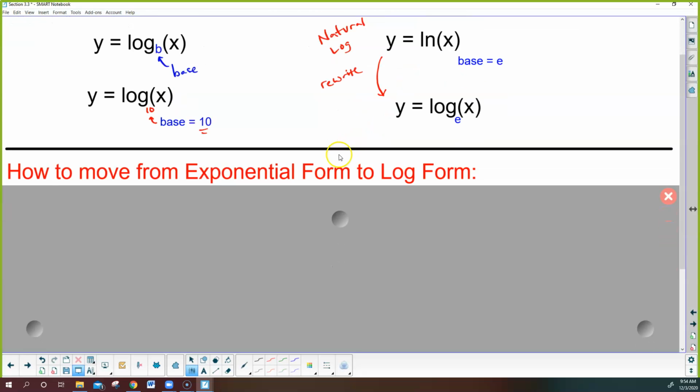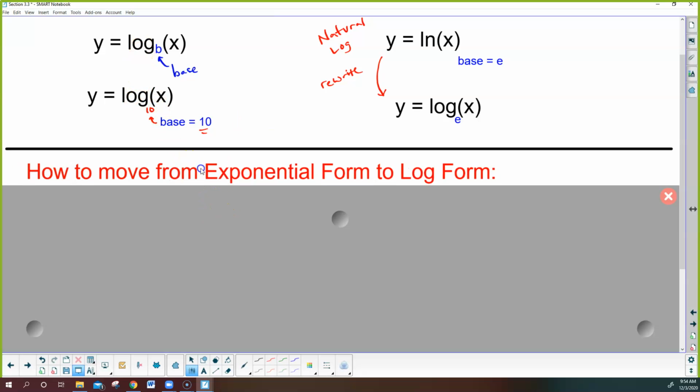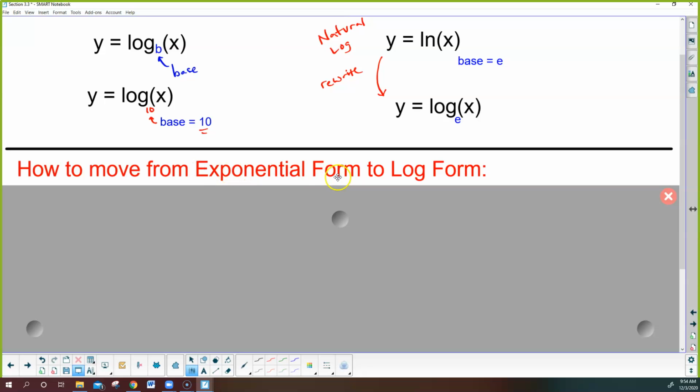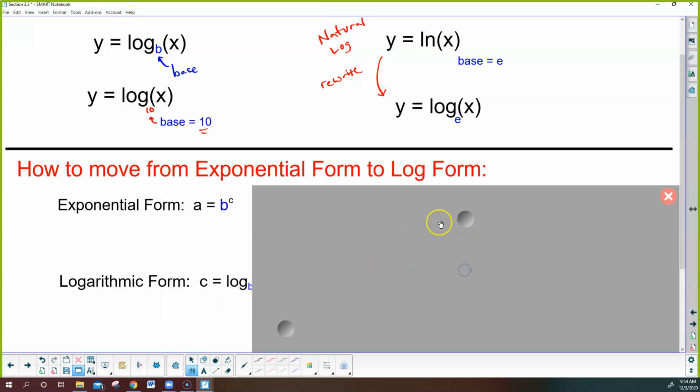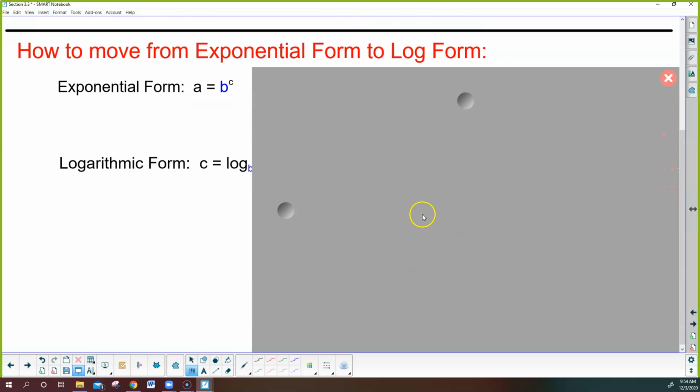Well, we're not really familiar with this log format because we're just learning it. What we're going to do is change the log format to exponential form. Or if I have an exponent, we're going to change it into log form. And that's the big part for today. This is the real important piece you want to get down today.